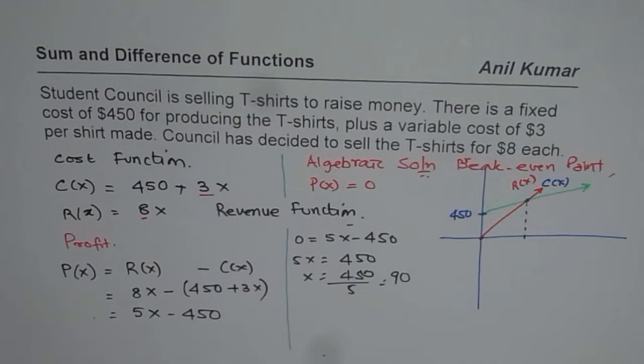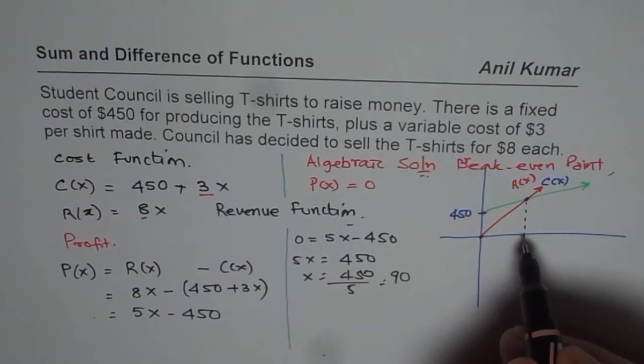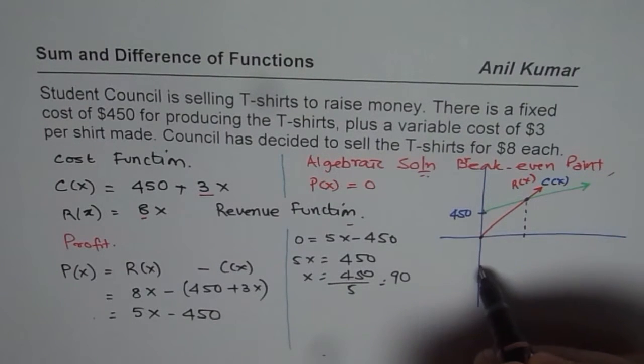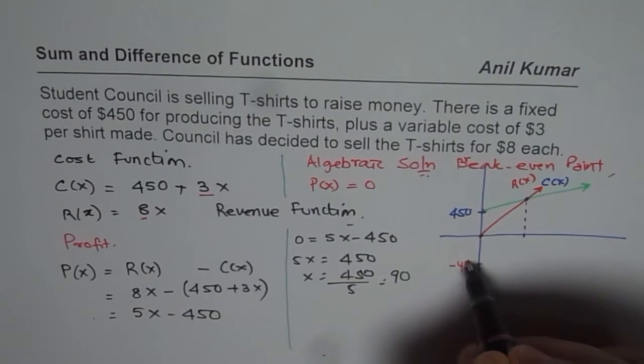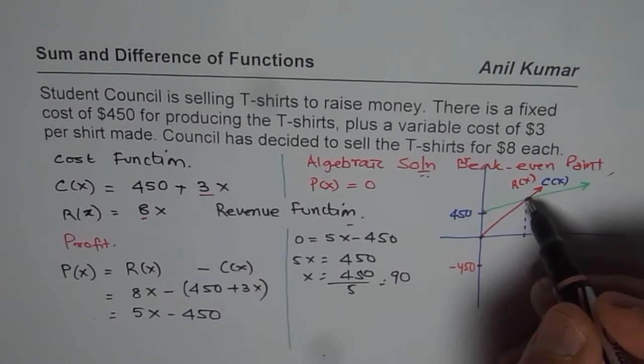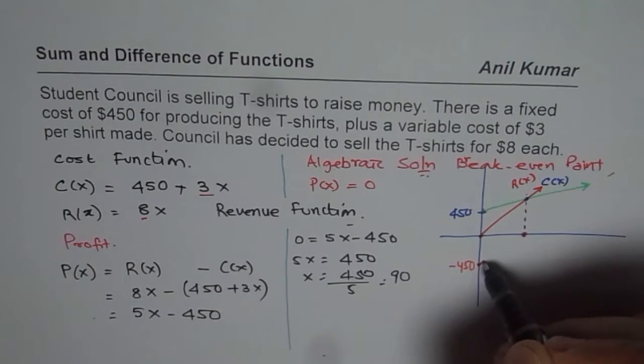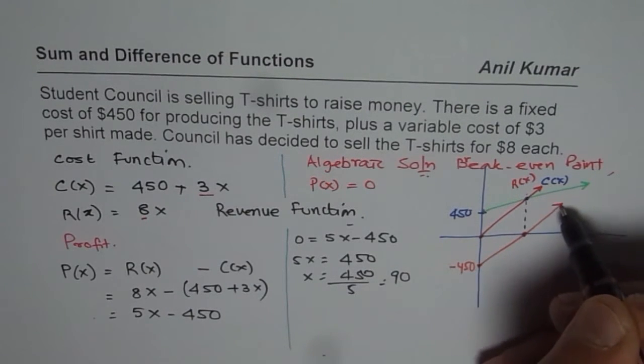So, if you sketch the profit function, which is revenue minus cost, then to start with, when nothing has been sold, we are at a loss of 450. That is minus 450. Do you get the point, right? But as soon as you make revenue the same as the cost, the profit becomes zero, or we call this a break-even point, and that is the graph for the profit function.